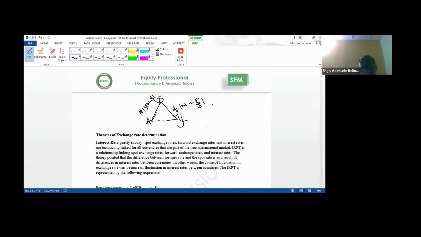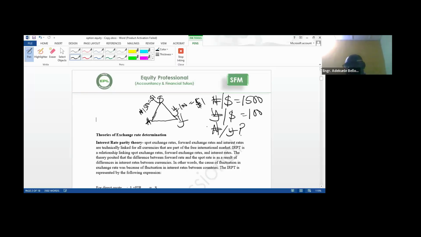Look at this, please. Naira to dollar, 1,500. Yen to dollar, 100. What is naira to yen?